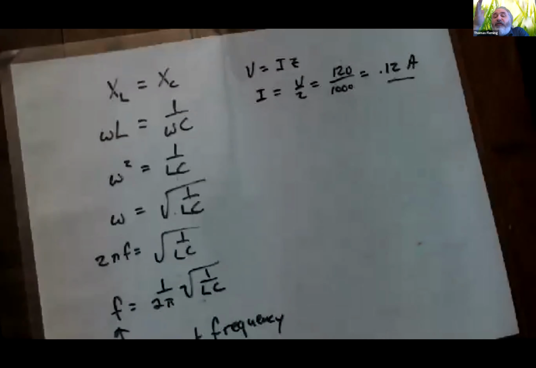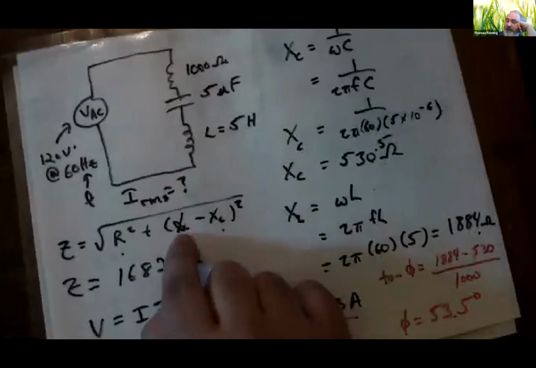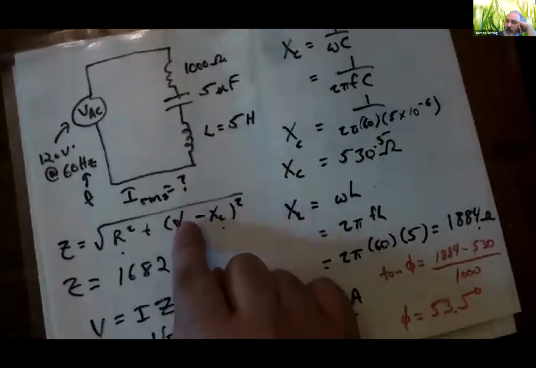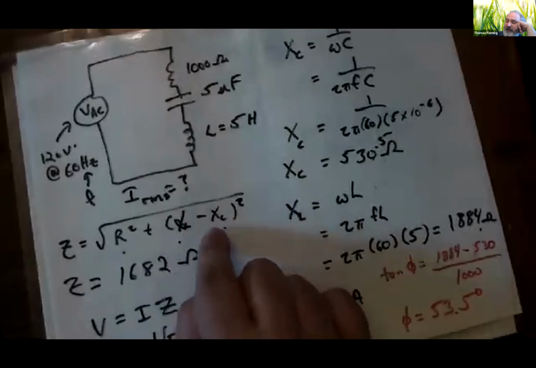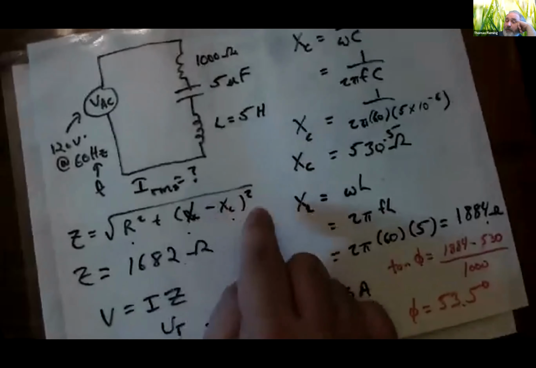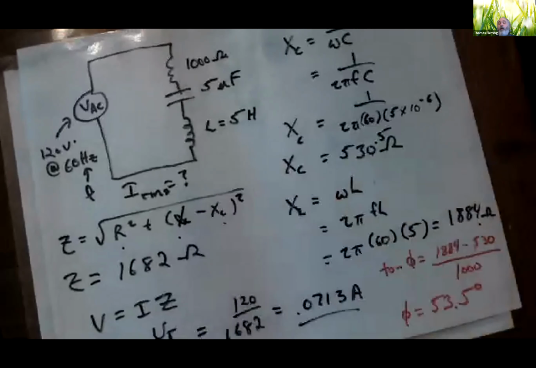Now, notice if I lowered the frequency even further, it would not help. Because if XL is bigger than XC, then this difference is going to be some non-zero amount. If XC is bigger than XL, this will be a negative number. When I square it, it's going to become some positive non-zero amount. So if XL or XC are different, if one is higher than the other, doesn't matter which way you go, the impedance is going to go up.